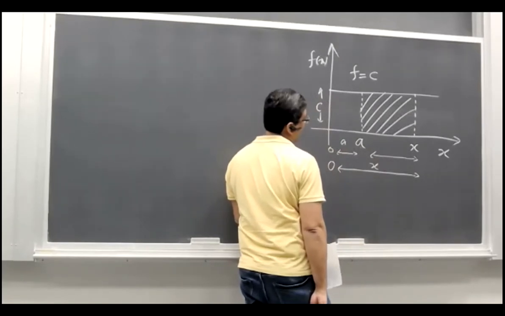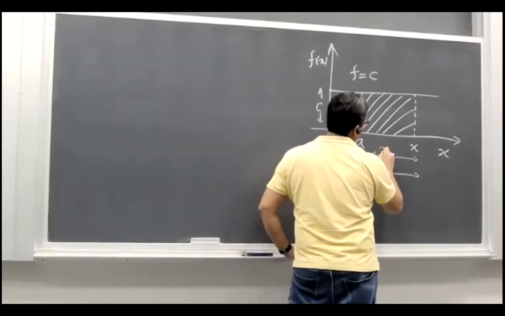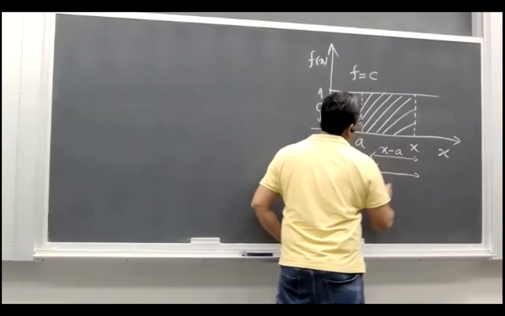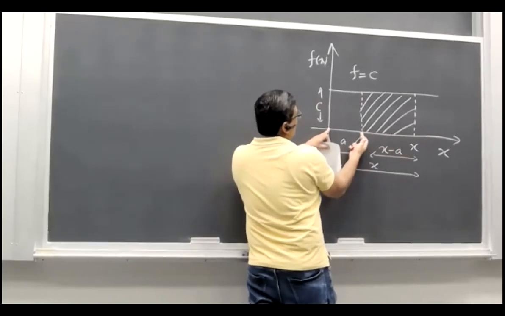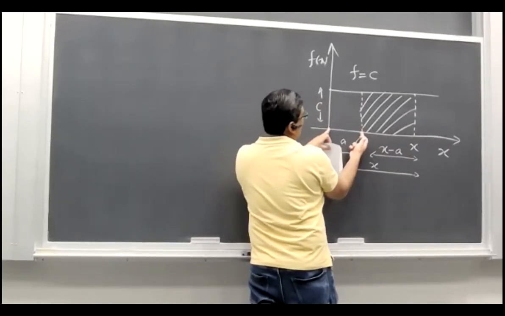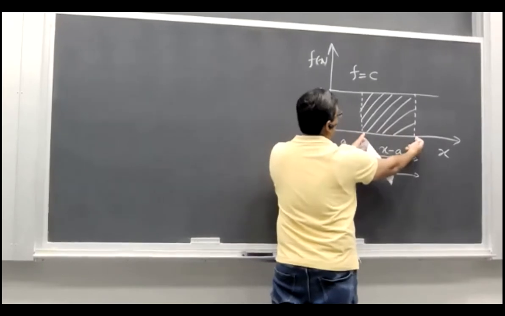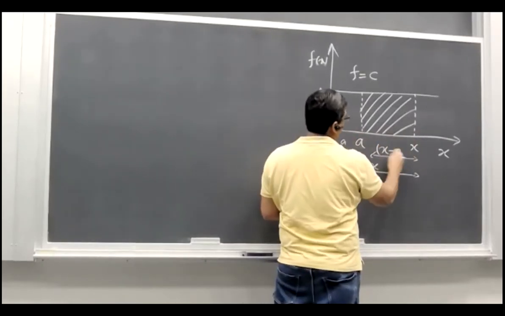So x minus a. x is this whole distance, and 0 to a is this distance. If I subtract this distance from the total distance, then I would be left with this distance here.